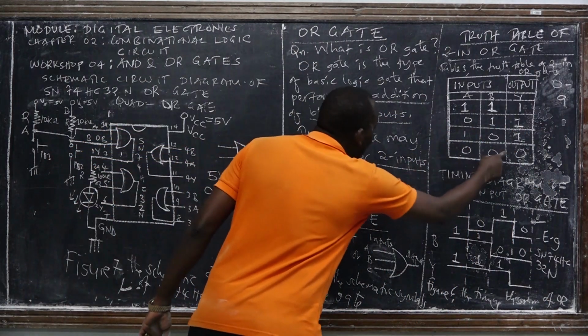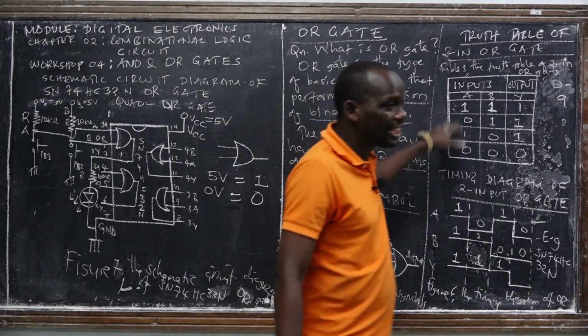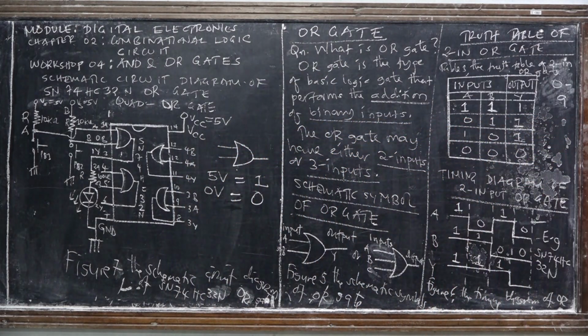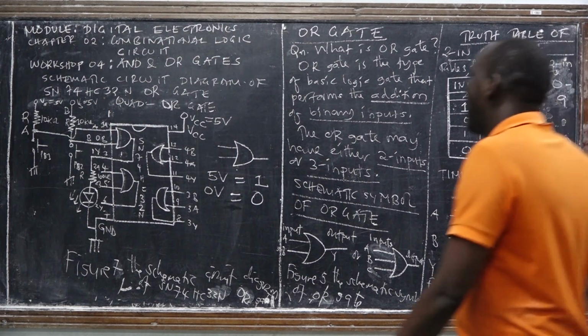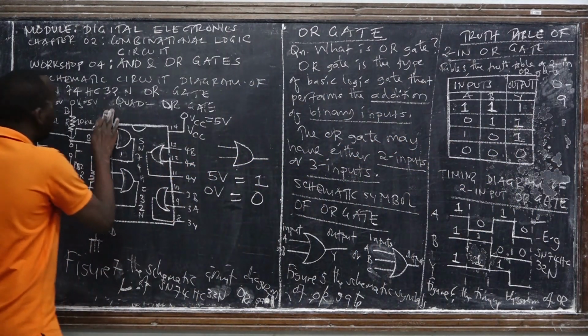Then lastly, what is the status of input A? How can you achieve it? Press. Press what? Can you press your neighbor? First of all, press your neighbor. Show your neighbor how you are going to press that push button. So we press, we'll have 0.